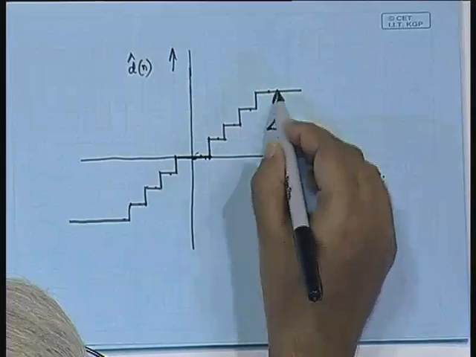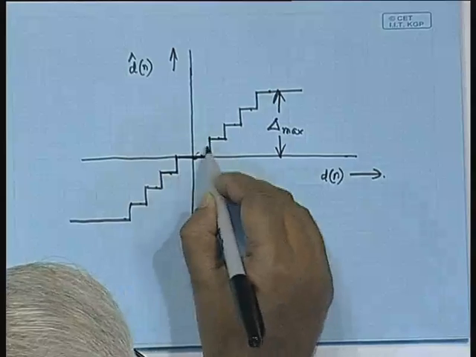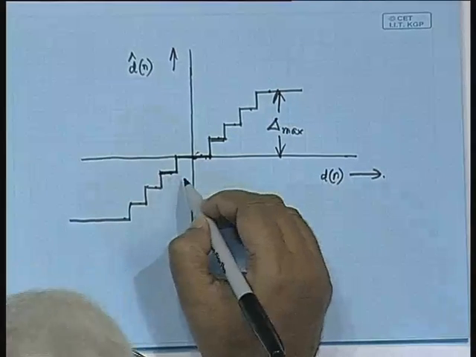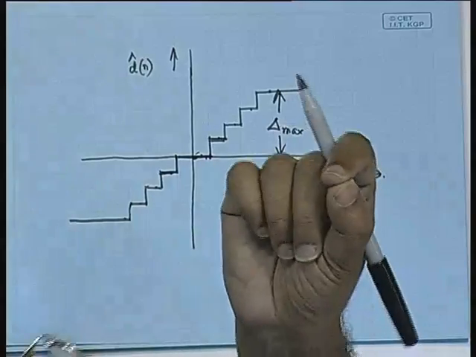But in this case we can expect somewhat lower granular noise, because at least this step size is not delta max, but is much lower than the delta max. Even so, to some small extent it should be there.